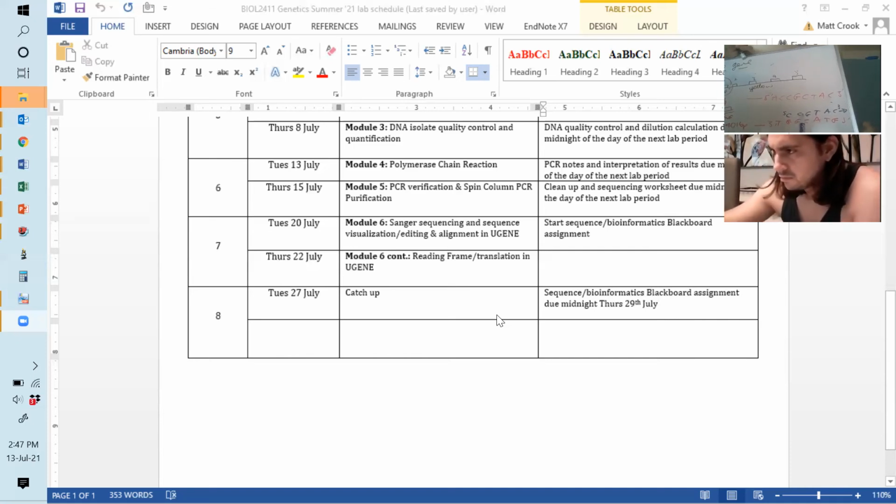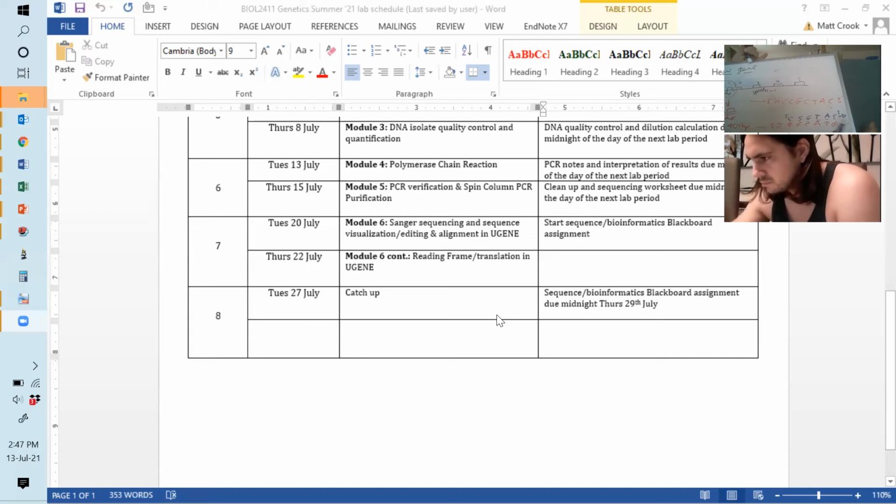So when that primer bound by hydrogen bonding, base pair complementarity, that primer would serve as a basis for DNA replication of that strand. Does that make sense?